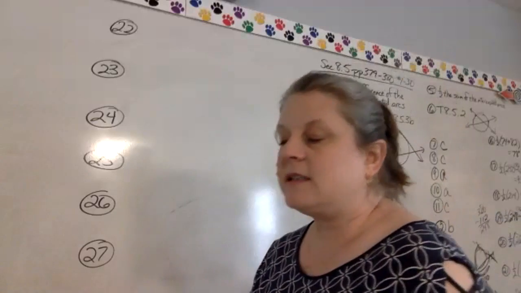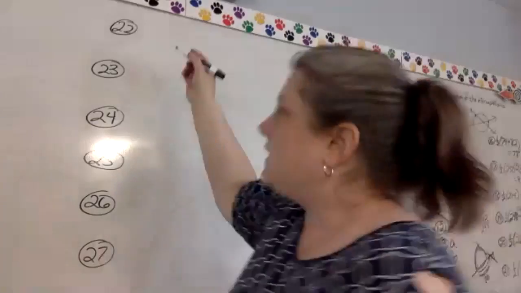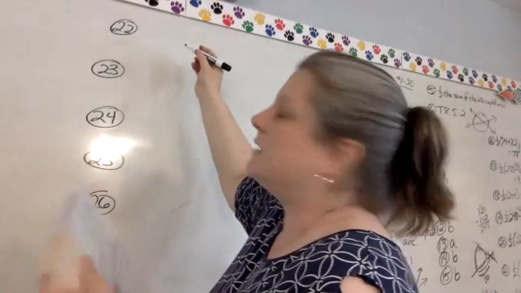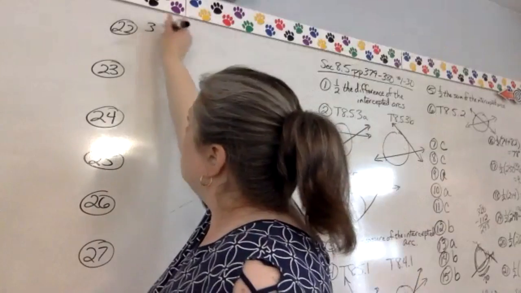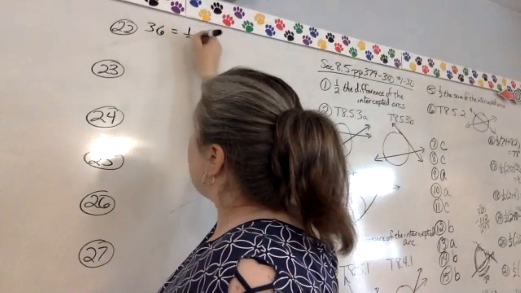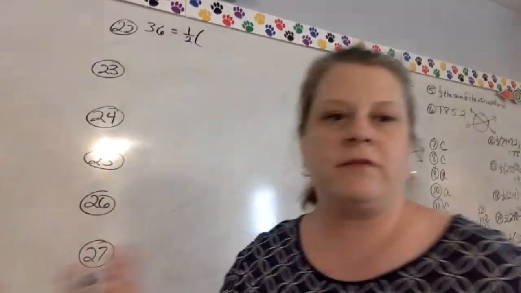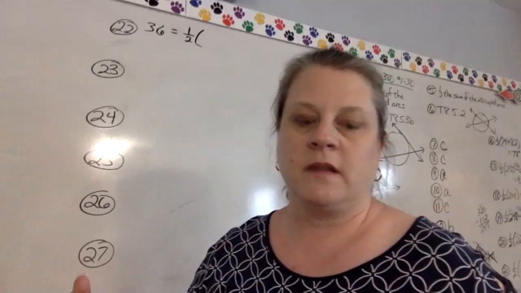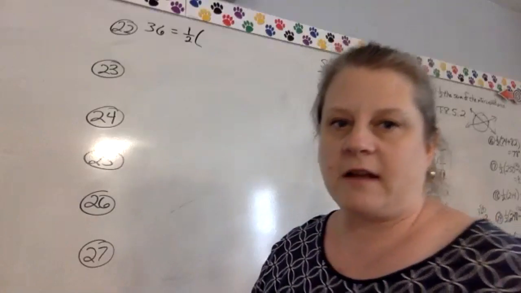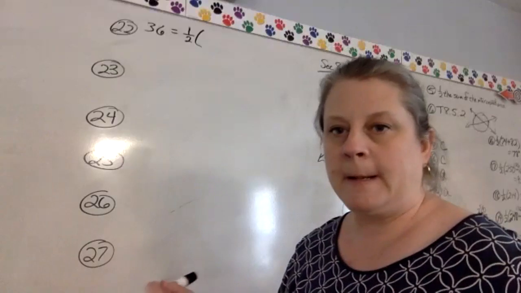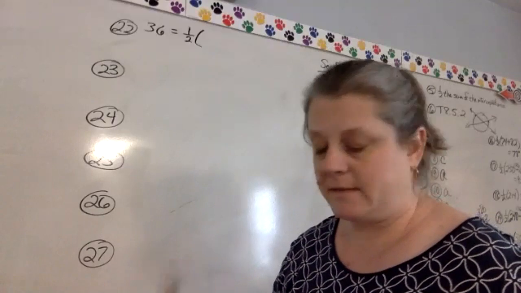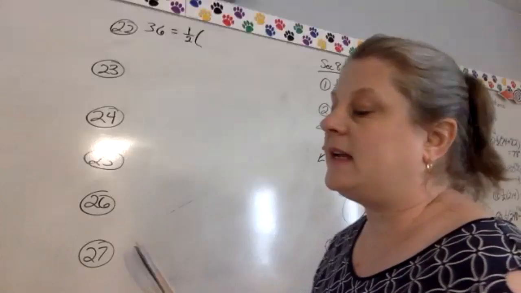So when it's the exterior of the circle, we know the angle, which was 36 degrees, is equal to 1/2 the sum or difference of the two arcs. If it's outside, do we add or subtract? Subtract.